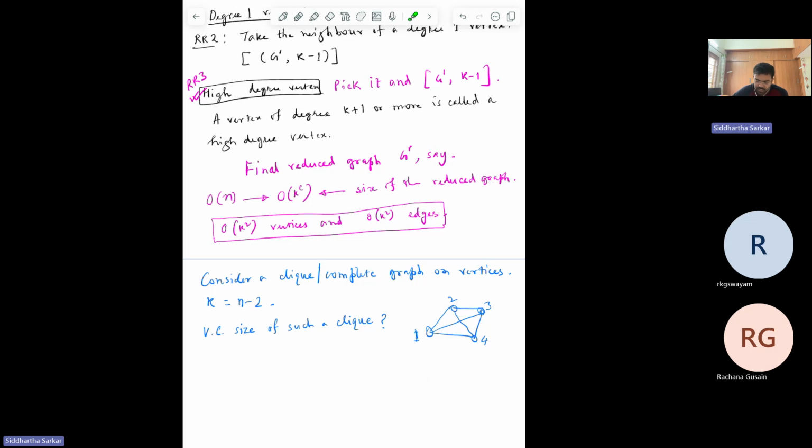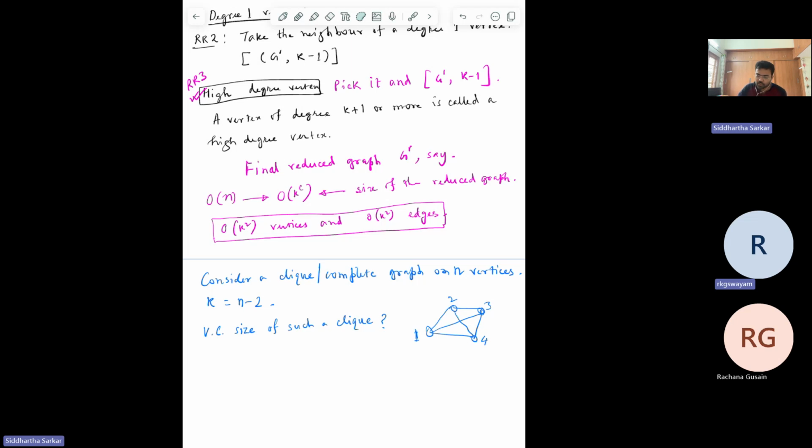So what happens in the general case? Suppose you're looking at a clique of n vertices. How many vertices must you select? Since there would be a large number of edges, n minus 1 seems right.